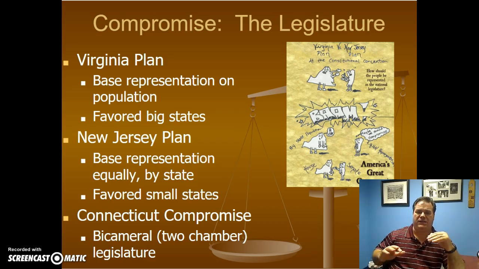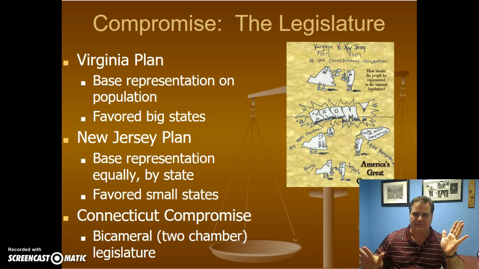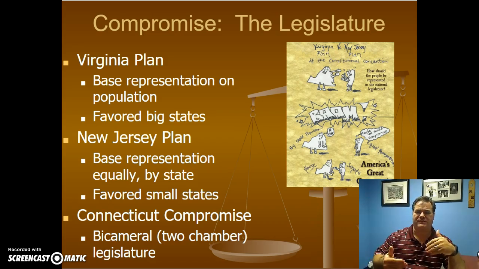I'm glossing over the details. For our purposes, I want you to focus on this idea that the Virginia plan basically based representation on population. Likewise, the New Jersey plan had other parts to it. I want you to consider, though, that their real big focus was on equal representation by state.